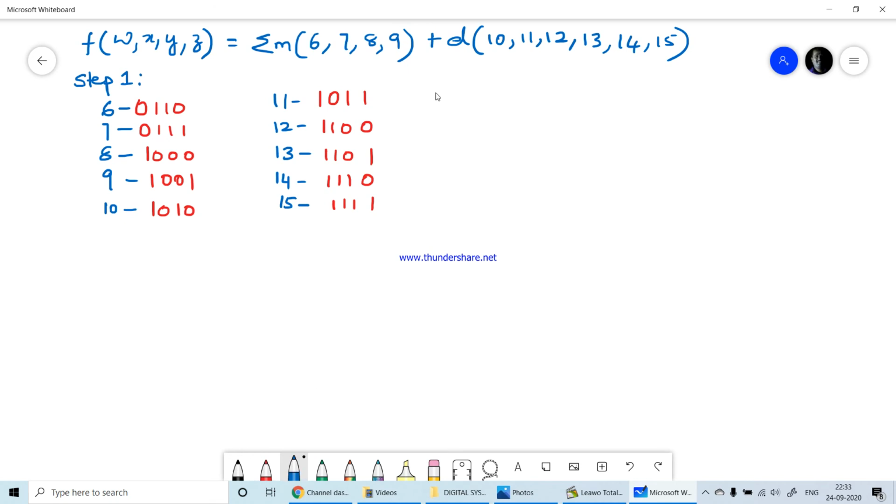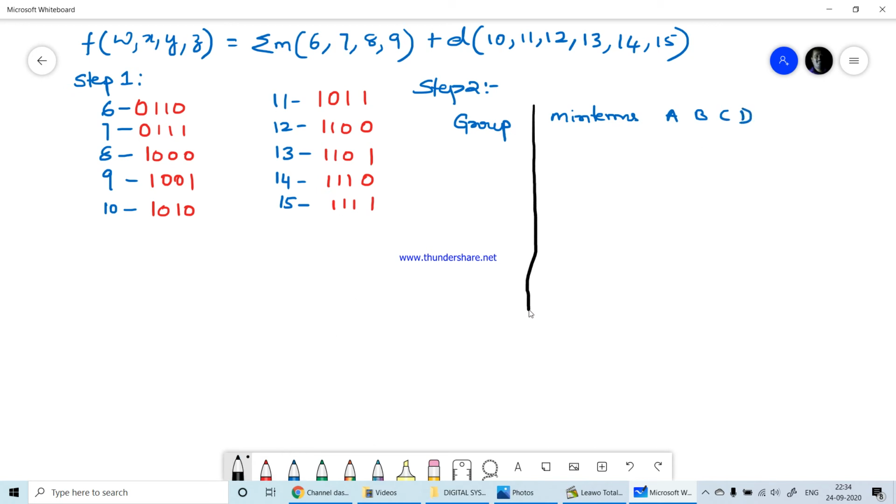Coming to step 2. So what is step 2? Step 2 is grouping all these binary values into groups according to the number of ones they have. So in step 2, I'll write group, then minterms, and then ABCD.